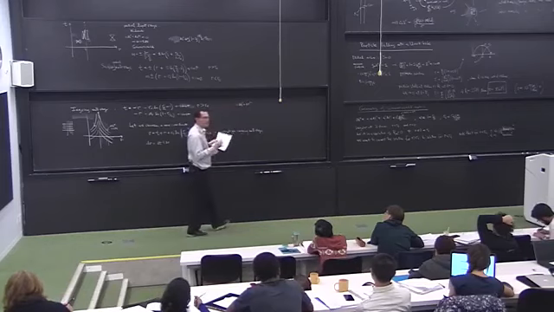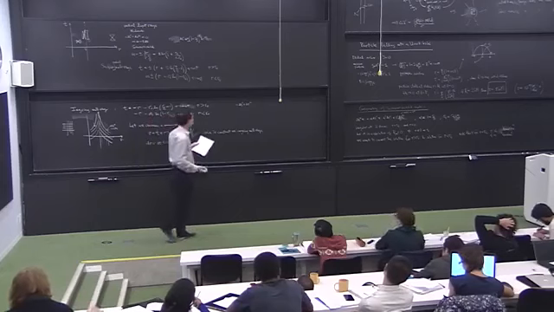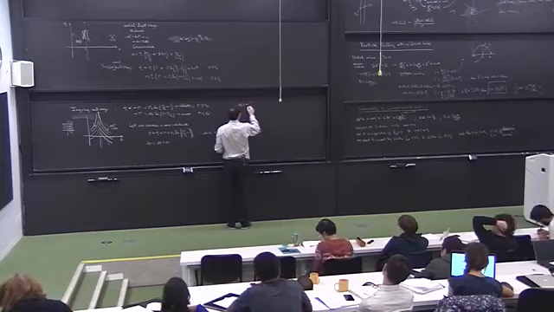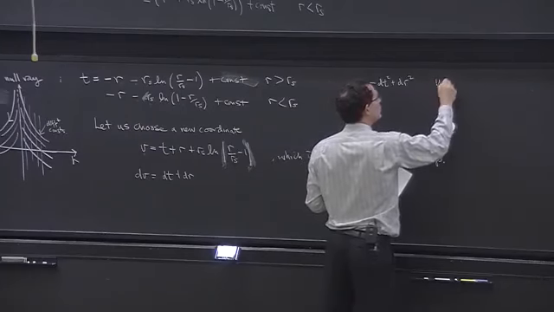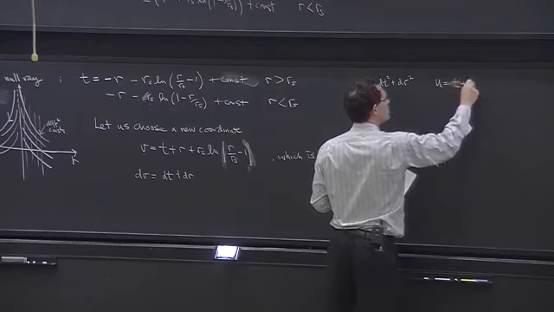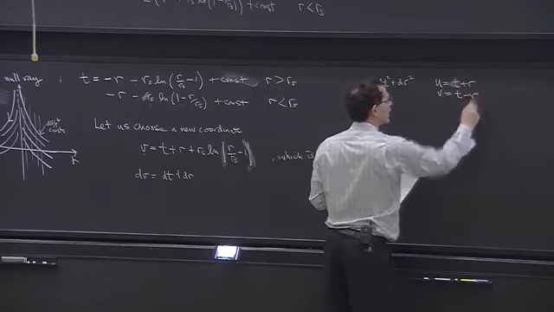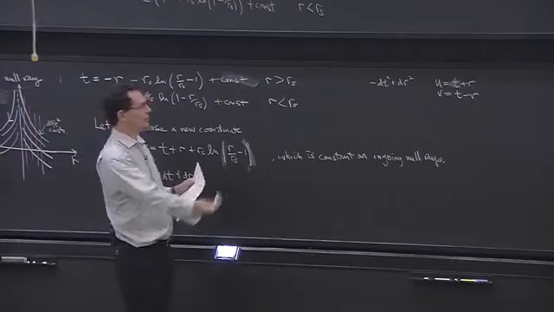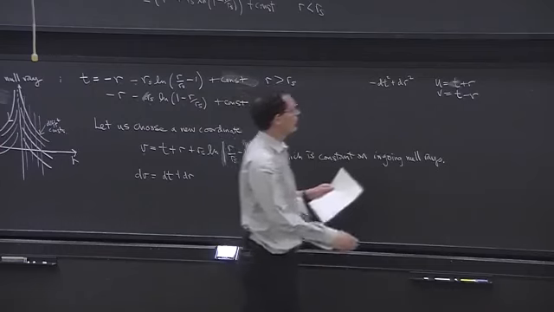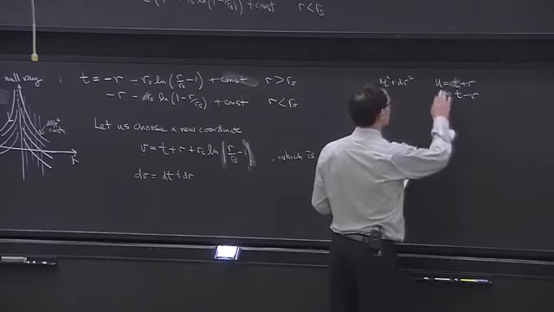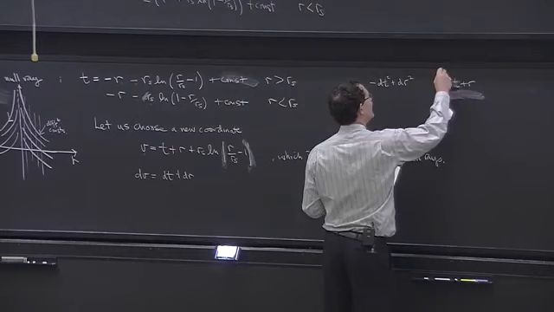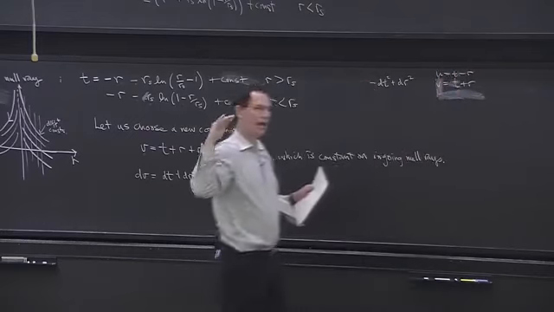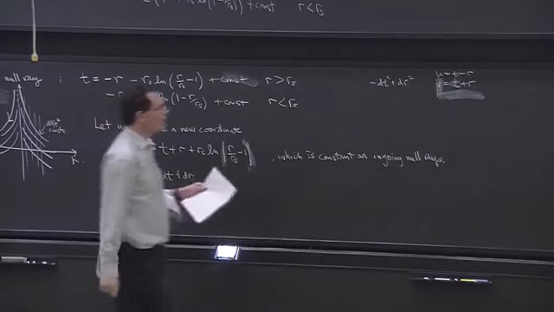Obviously, if I consider radial rays in Minkowski space, it's very natural to set, with a similar argument, u equal to t minus r, and v equal to t plus r. u is constant on outgoing null rays, and v is constant on ingoing null rays.